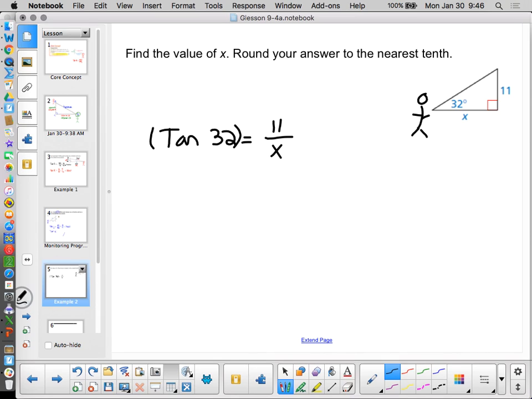You might want to pause for a second while you get out a calculator. But if you get out your calculator and you type in tangent of 32, it gives you a big long decimal value. We're going to round that decimal to 4 places just because that's what we did before. It's 0.6249.